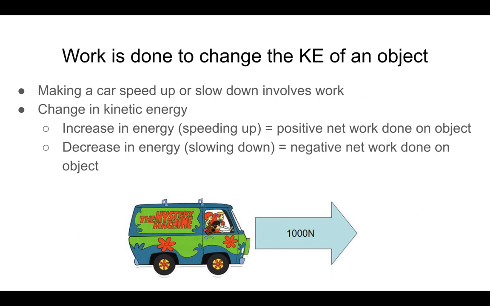The force from the gas pedal has to be greater than the force from the friction inside the machine. If we have no change in energy, that means no net work is done on the object. This doesn't mean that no work in general is done. It just means the net work is going to be zero.